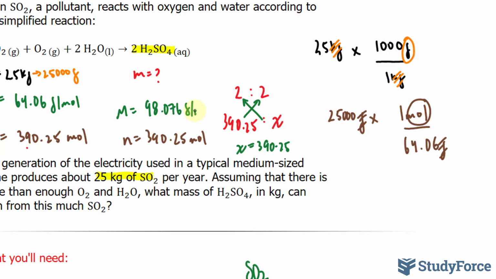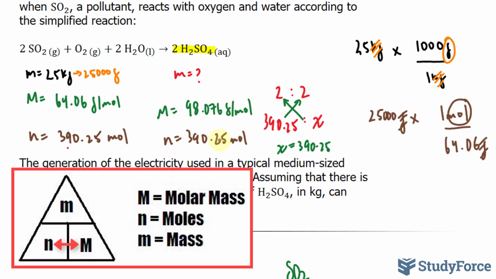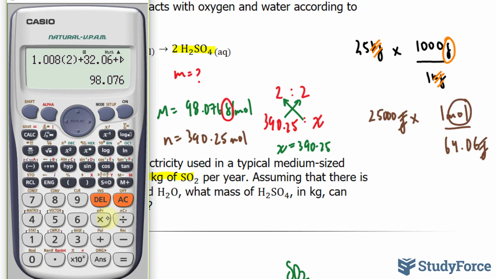Now, if I multiply these two numbers together, I'll end up with the number of grams of H2SO4. So let's go ahead and do that. It's going to give us a large number because originally it was in kilograms. So multiplying this number by 390.25, that gives me 38,274 grams of H2SO4.